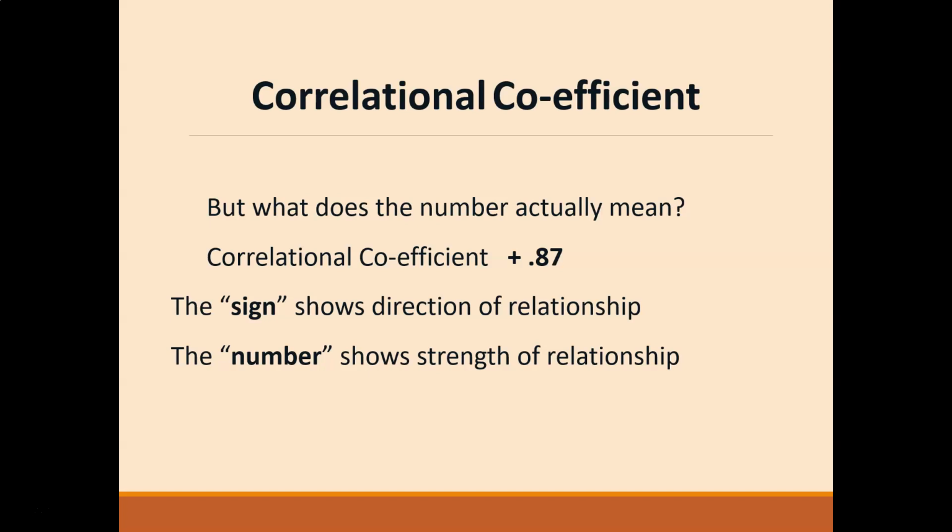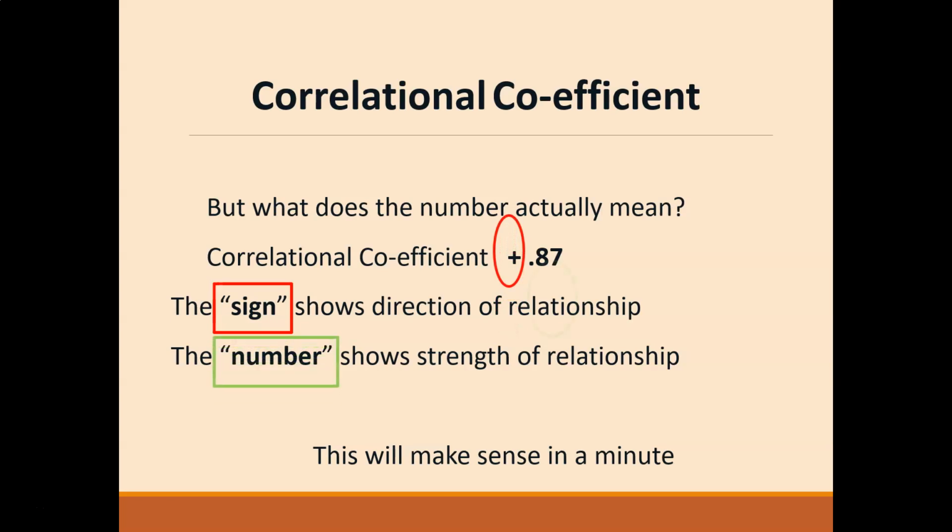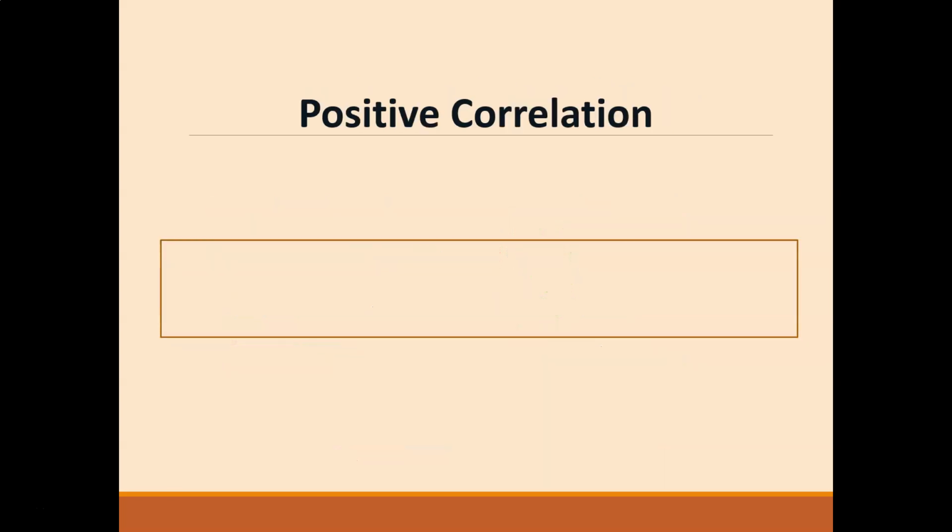We're talking about the positive means direction. It does not influence the number. And the number means something all on its own. So it's not like a plus sign that we use in math. It's not really a positive number. It's a positive sign with a number. All right, so we'll make that make sense in just a minute. So again, we have a sign, we have a number. Get used to making those two things separate, or it's going to get confusing.